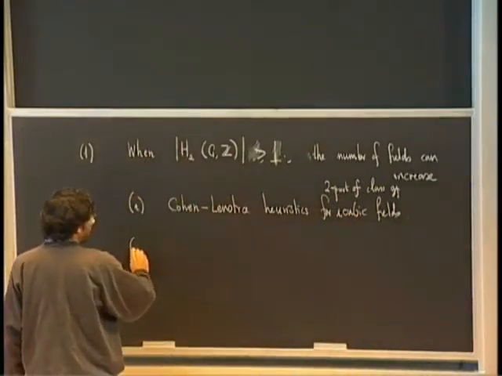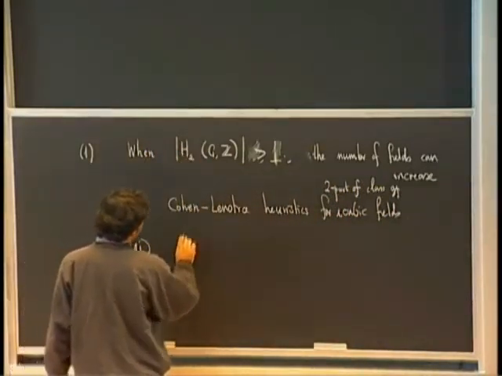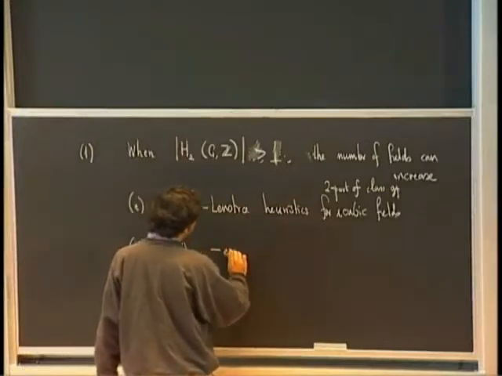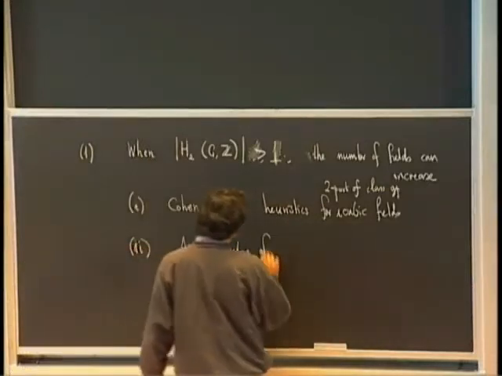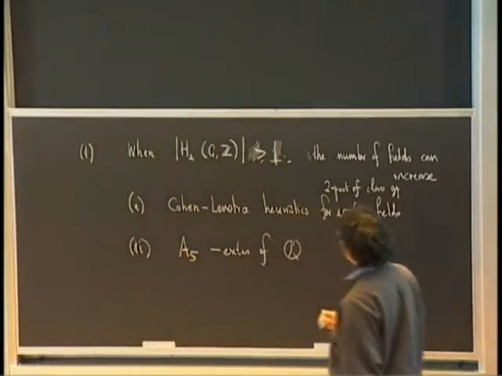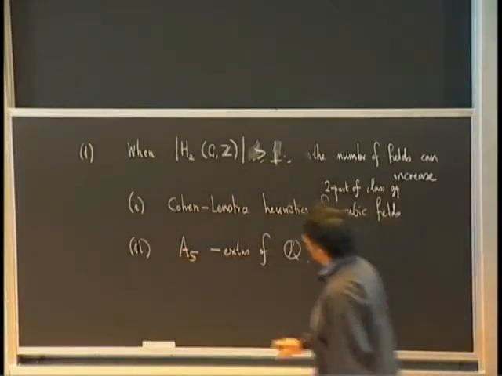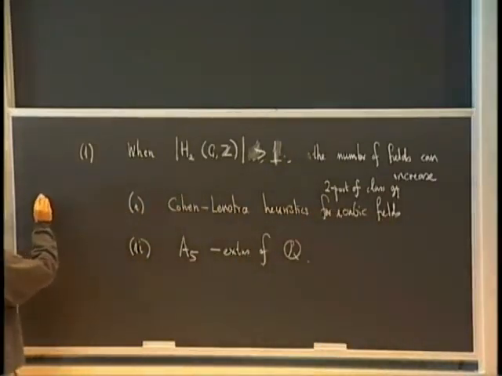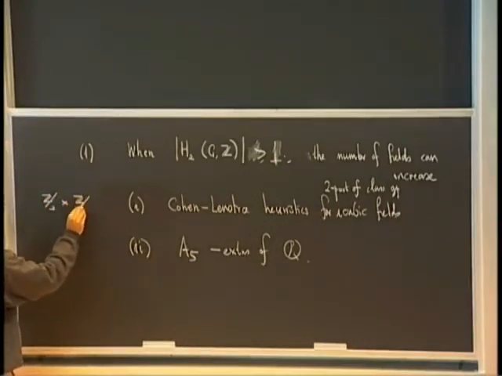And then the second example I'll talk about is A5 extensions of Q. Okay, so also, the relevant groups here: the group in this case will be Z mod 2 times Z mod 2, and the group in this case will be A5.